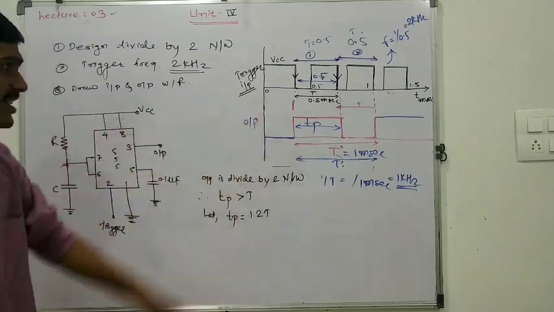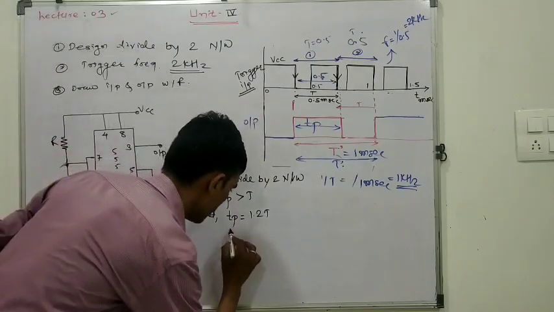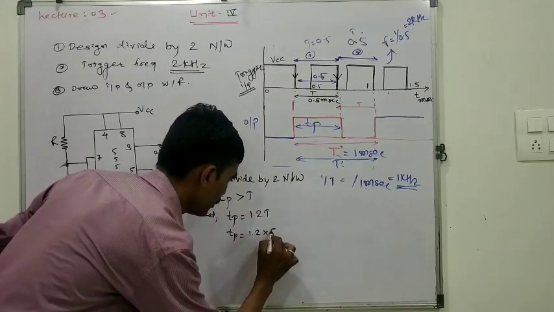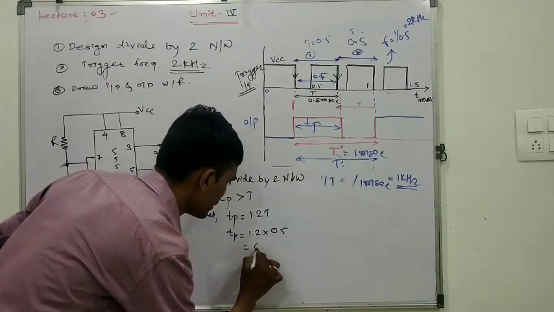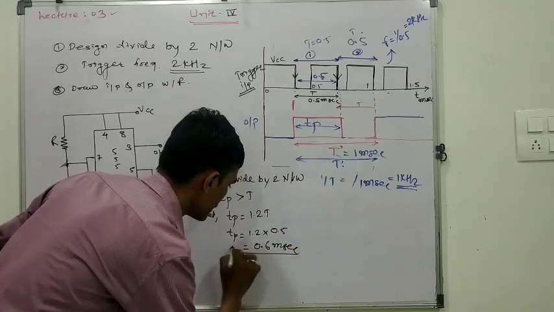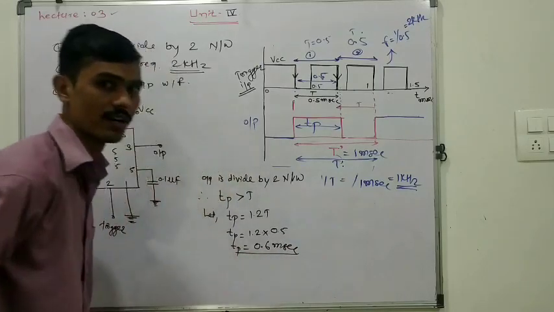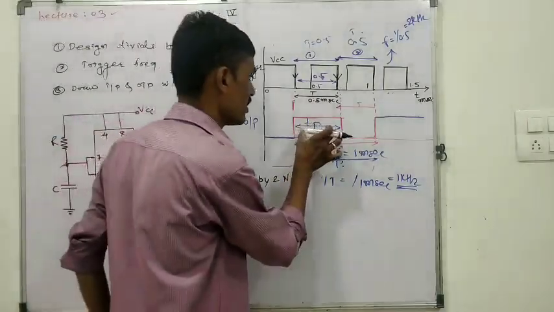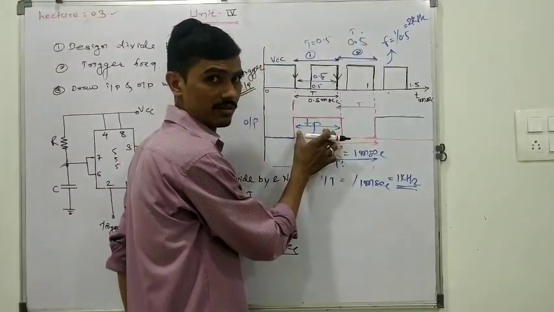Now here Tp is 1.2 T. What is T? T is 0.5 millisecond. So Tp equals 1.2 into 0.5 millisecond, so it is 0.6 millisecond. Tp is nothing but the pulse width.